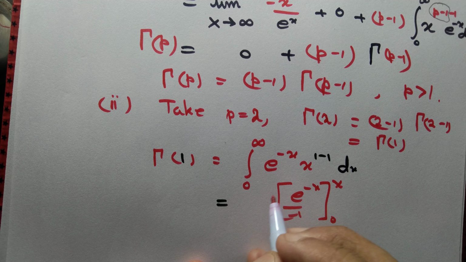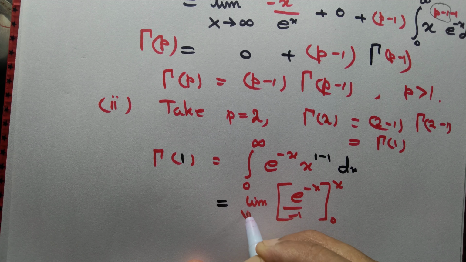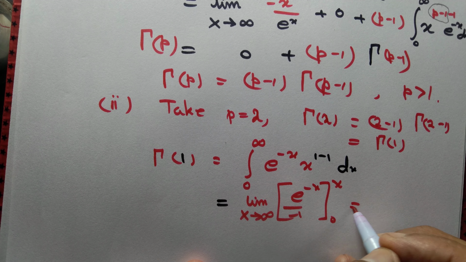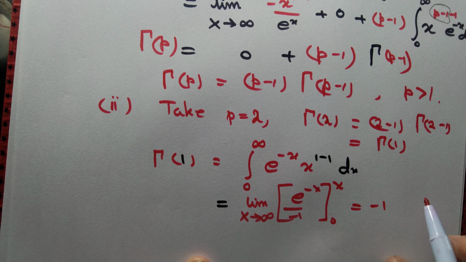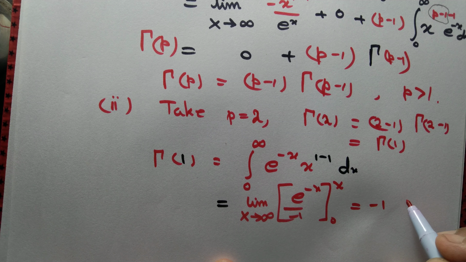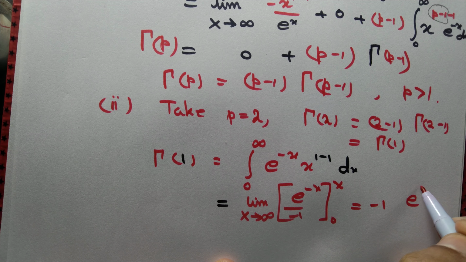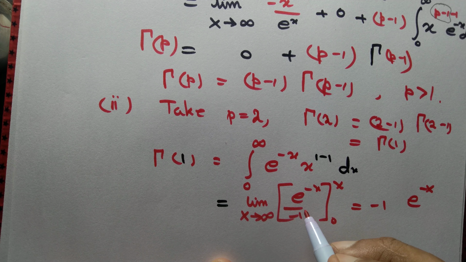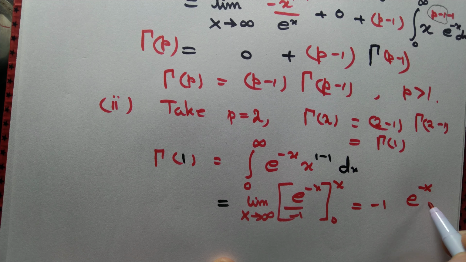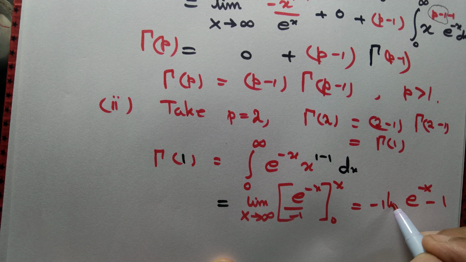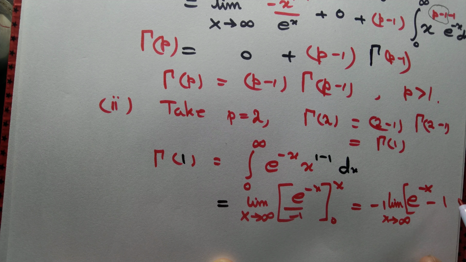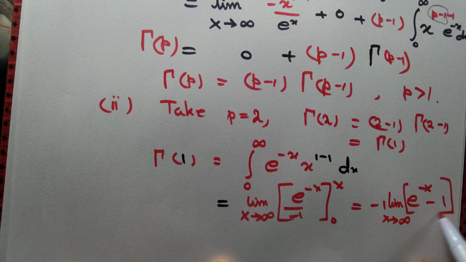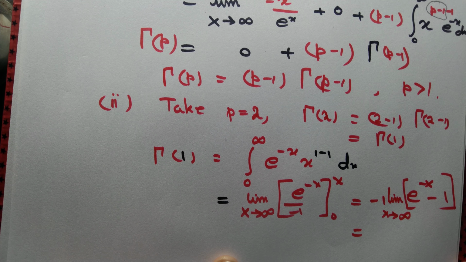We can't write infinity itself, so we write the limit as x tends to infinity of e to the power minus x. That's equal to minus 1, which we take out, and at the upper limit we have e to the power minus x, at the lower limit we have 0, minus e to the power 0, that is 1. How much is this?